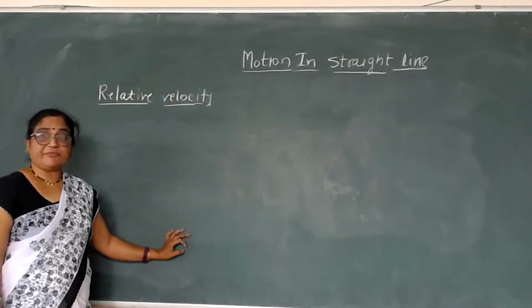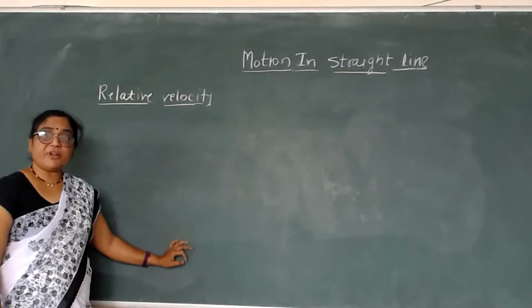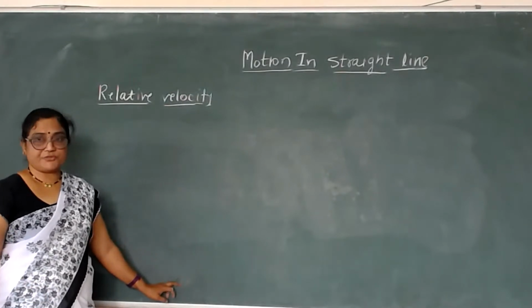Relative velocity is defined as the velocity in between two objects.